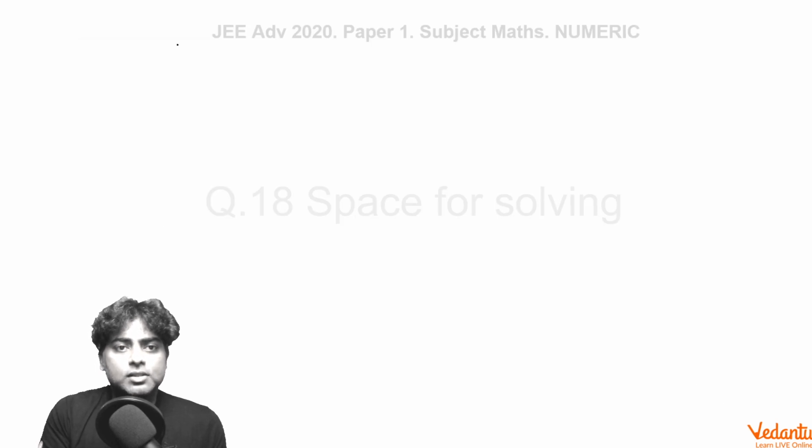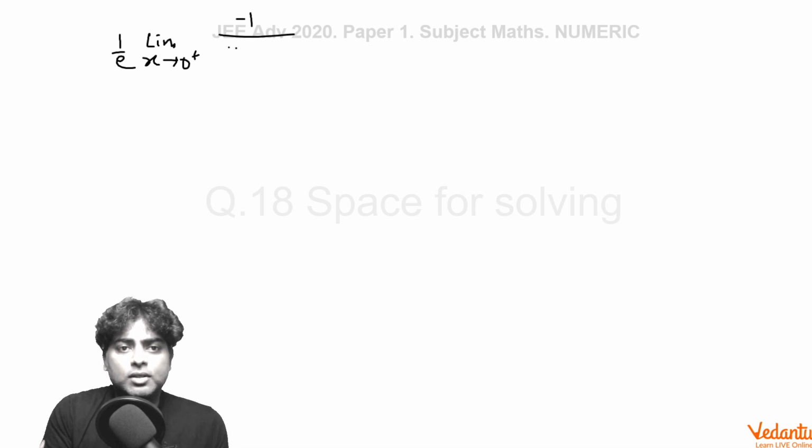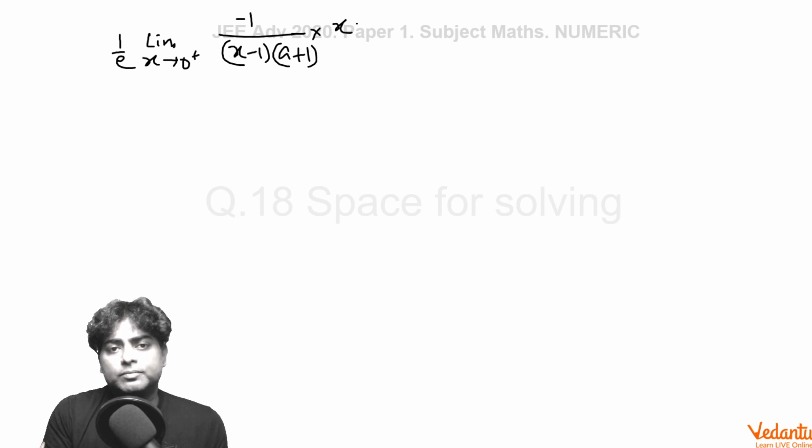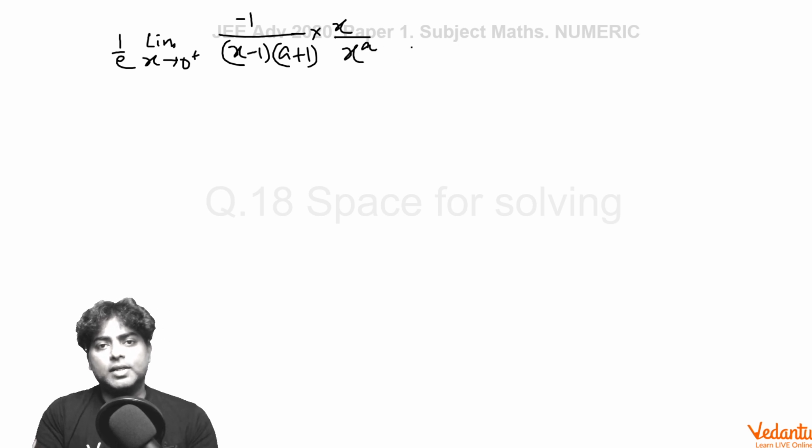So I'm taking this in the next page. The limit x tends to 0 plus, 1 by e was there. Then minus 1 upon x minus 1 was there. A plus 1 was there. And along with that, x upon x raised to the power a was there, isn't it?